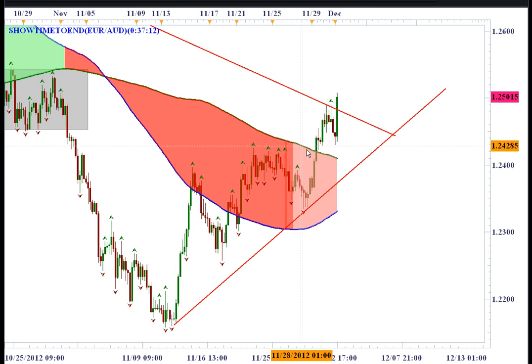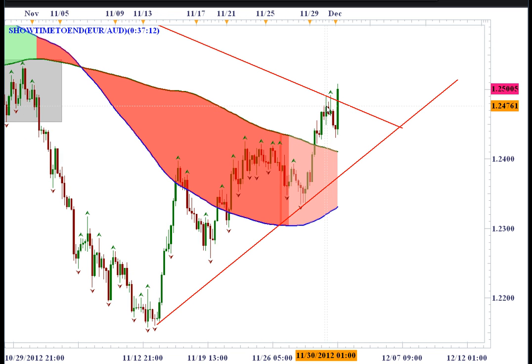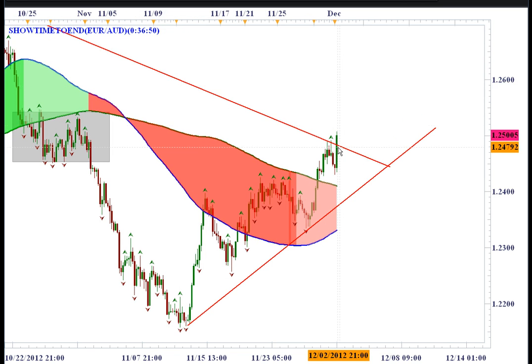I told you like this. You break this fractal level, going that way, you want to get into it and put your stop loss at this fractal level. Okay, and then you got this trend line here. That's going to be a level that if we break that level, then we're looking for a support level here. Market could bounce here.